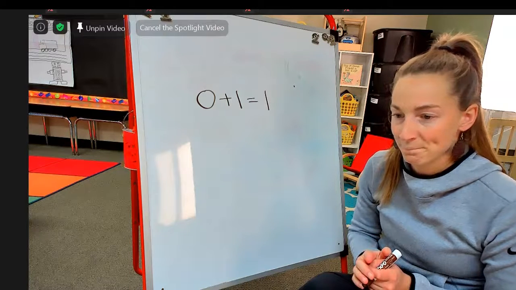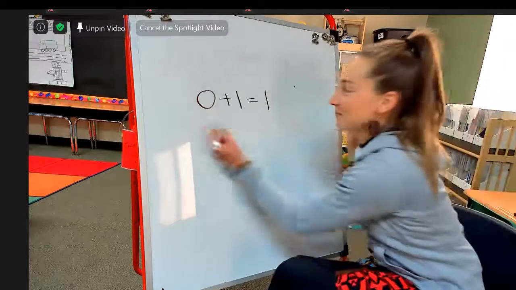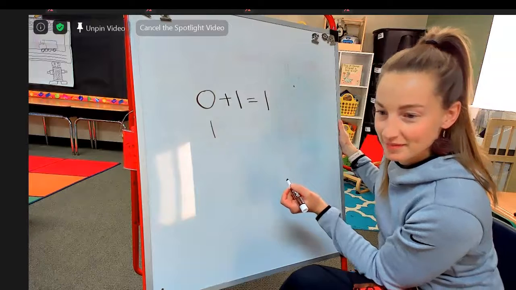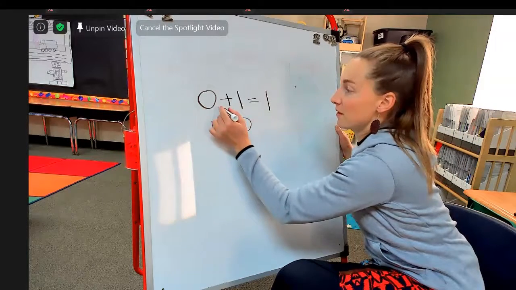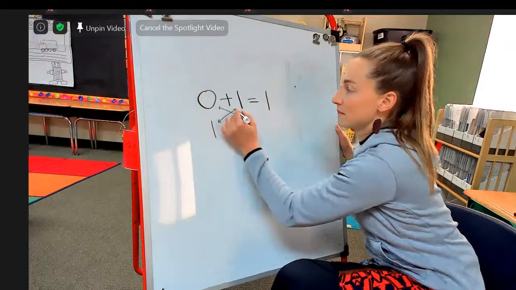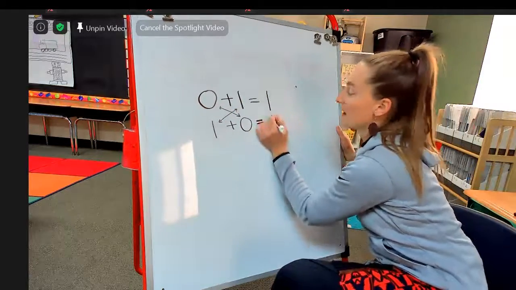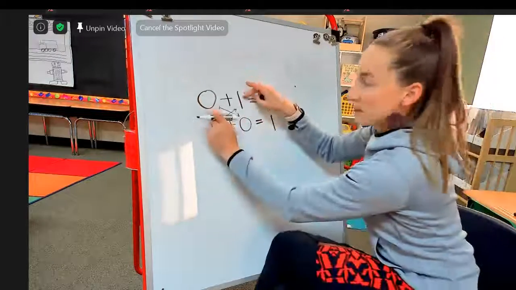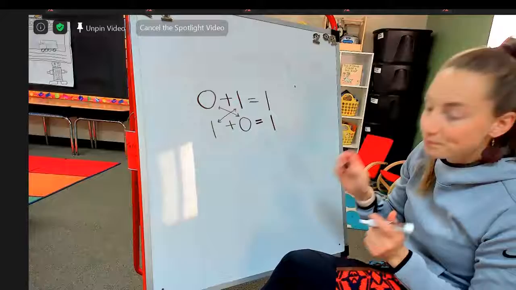But which one goes first? How would you say that? 1. Good job. Plus what? Plus 0. Plus 0, because all you did was flip-flop these. Good job. Equals 1. Equals 1. Awesome job. So, do you guys see that? All you're doing is taking your addends and you're just switching the spots where they're at.